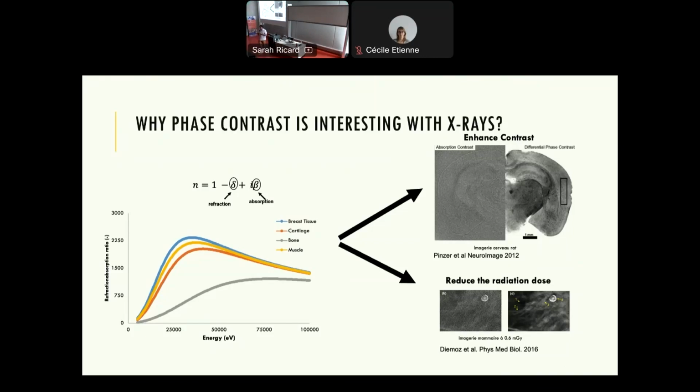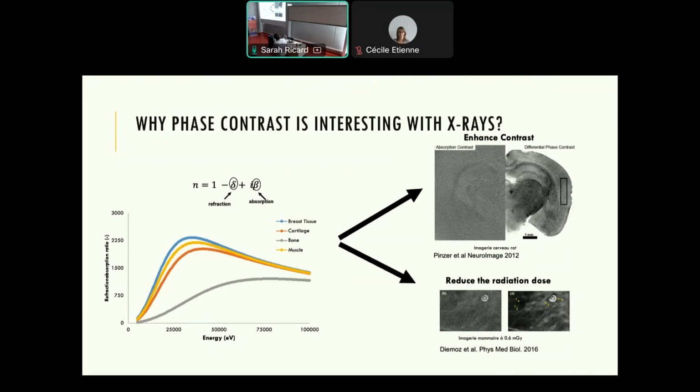So this unique property of X-ray is interesting for two main reasons. First, we can enhance the contrast because we have a factor of 1000, meaning that we are more sensitive. So here is, for instance, a rat brain imaged at a spatial resolution of something like 6 microns.